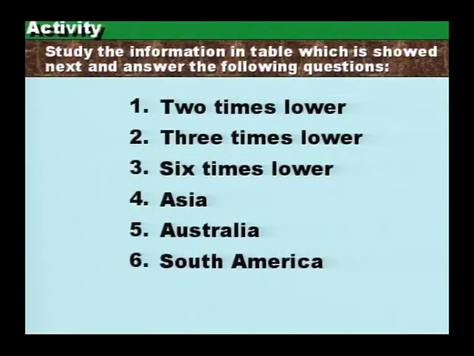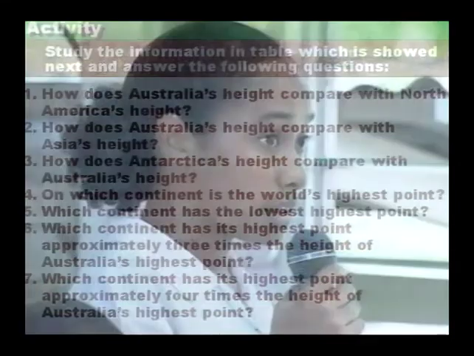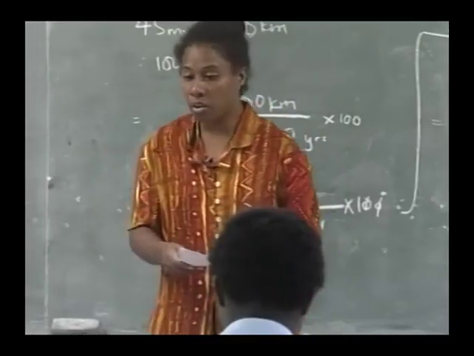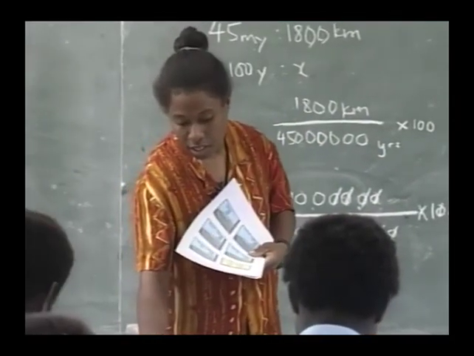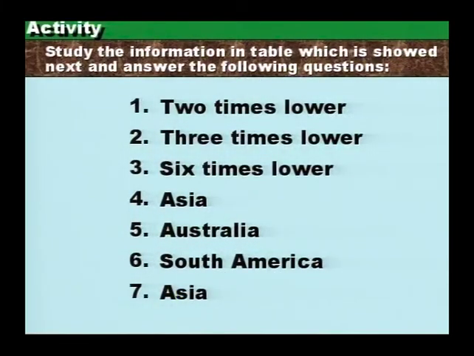The South American continent. Okay, very good. And finally, which continent has its highest point approximately 4 times the height of Australia's highest point? The Asian continent. Okay, good. And that then concludes those activities that we were supposed to have done for our homework.